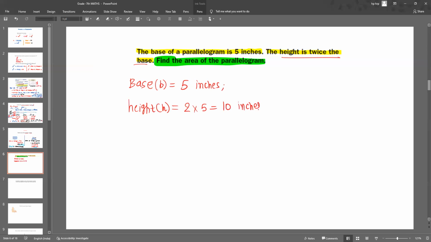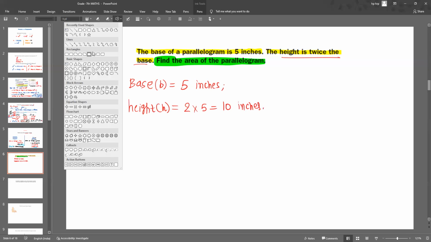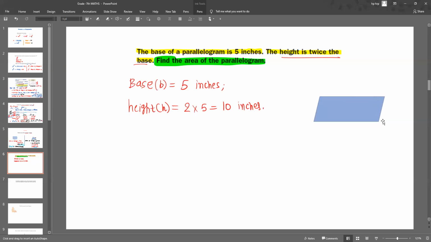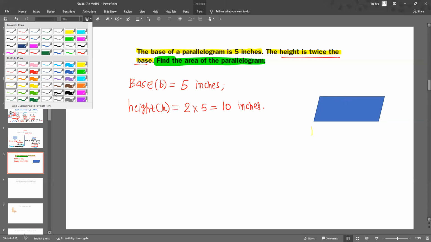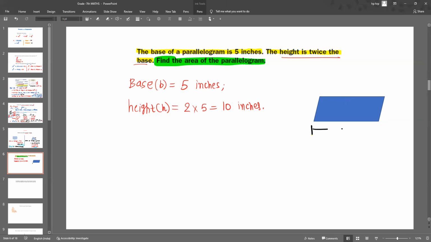So here I can draw the rough figure of a parallelogram. Just one second. So this is our parallelogram, and in this question we have this is a base, that is 5 inches, and you can see that this is our height.